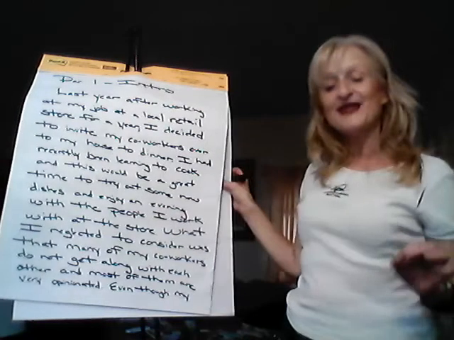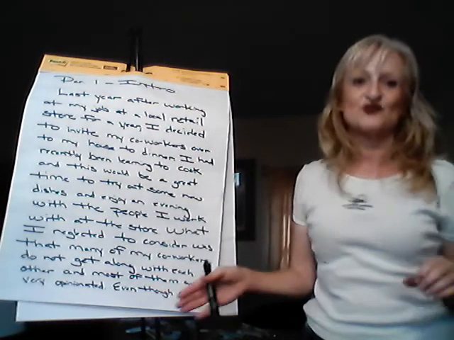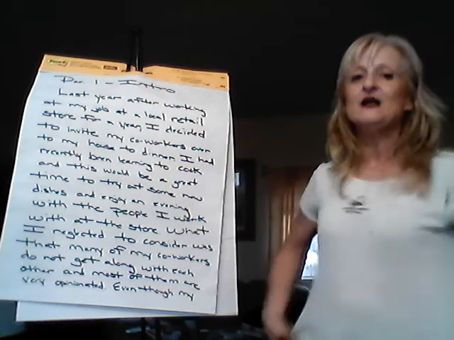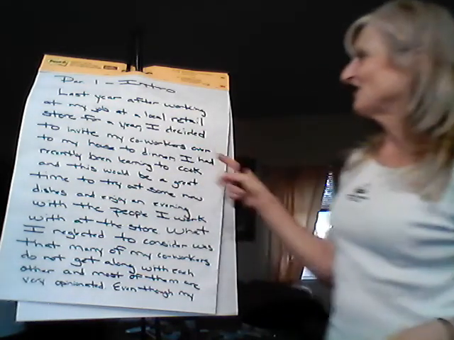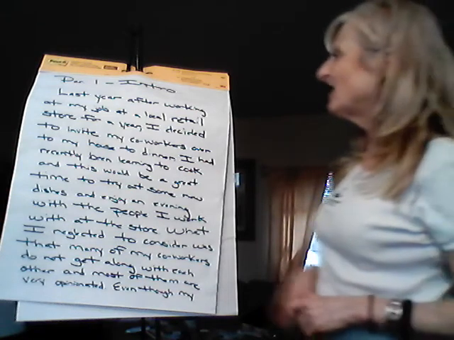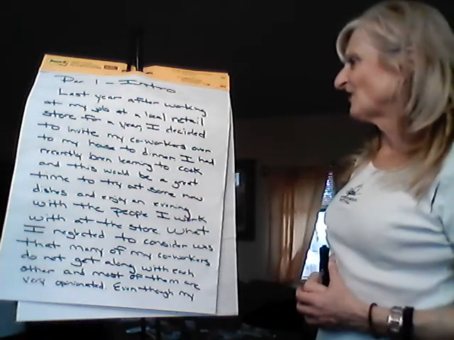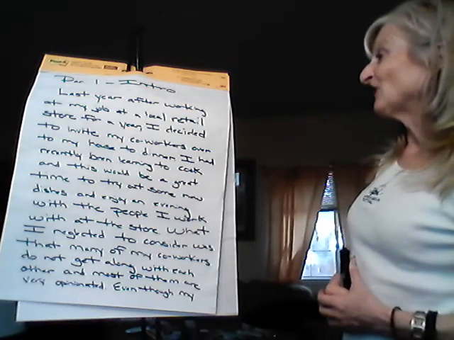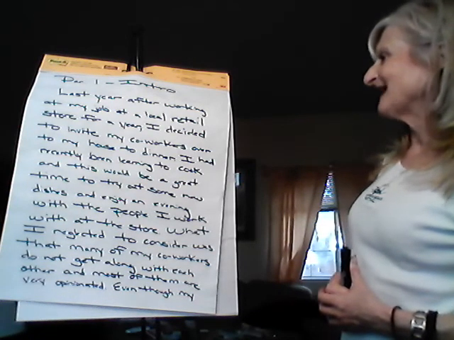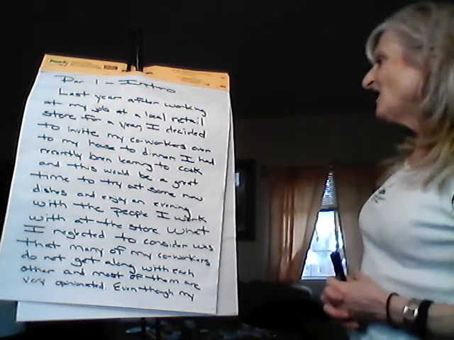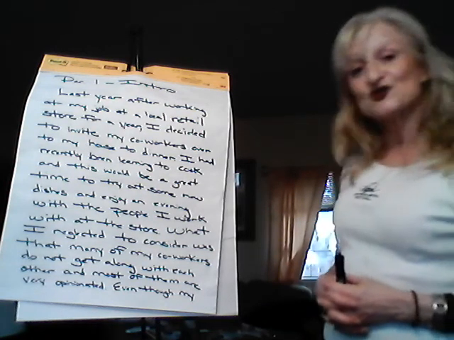To help with that process, I'm going to read through the intro one more time in case it's hard to read or see. So it says, last year, after working at my job at a local retail store for a year, I decided to invite my coworkers over to my house for dinner. I had recently been learning to cook, and this would be a great time to try out some new dishes and enjoy an evening with the people I work with at the store.